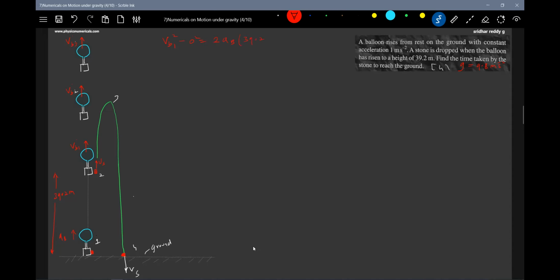H is 39.2 meters. So 2 times acceleration of balloon 1, H is 39.2. So many calculations are there. 39.2 into 2 is 78.4, under root of it.